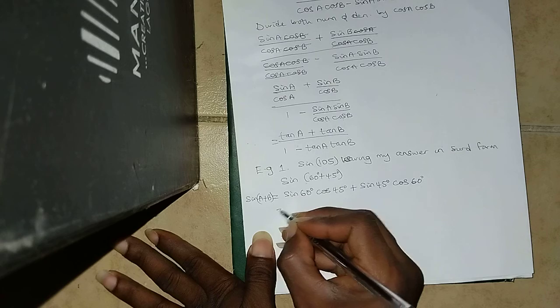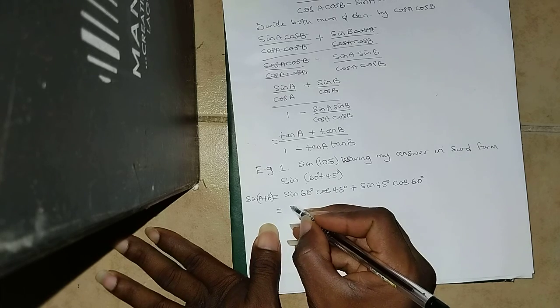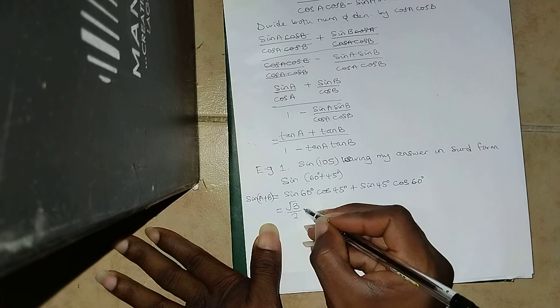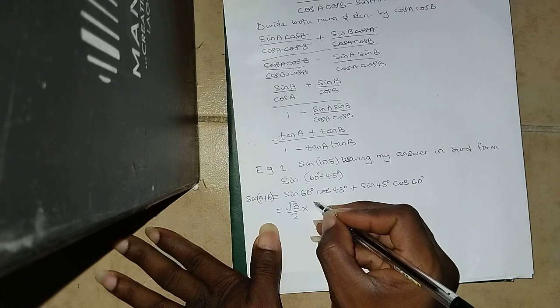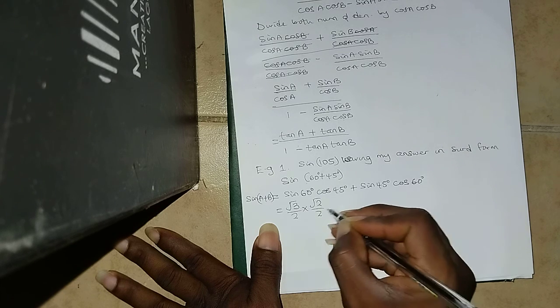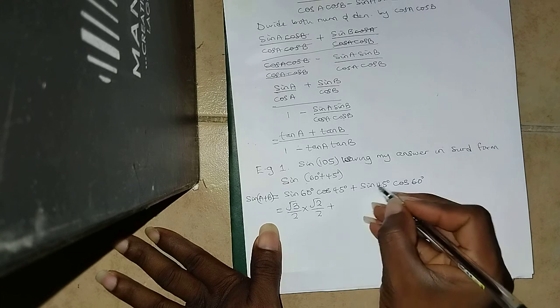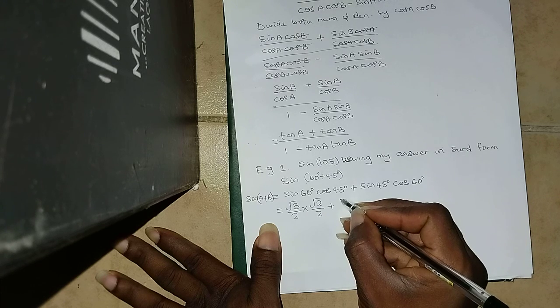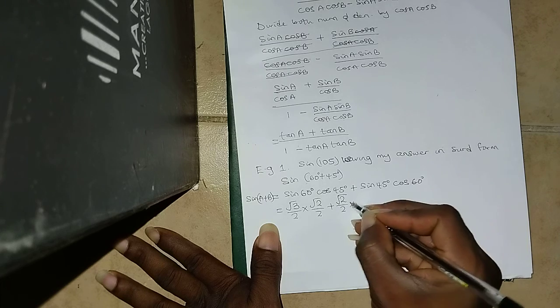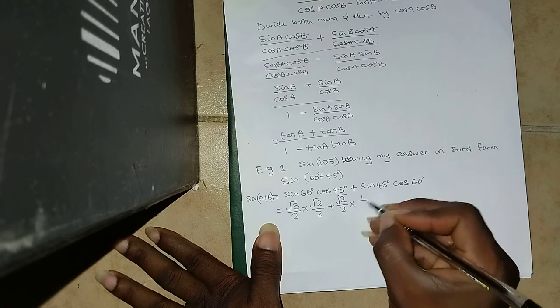So my sine 60 in short form is root 3 over 2 times cos 45 is 1 over root 2. So if I rationalize that, I have root 2 over 2 plus sine 45 is still the same as 1 over root 2. If I rationalize that, I have root 2 over 2 times cos 60 is half.